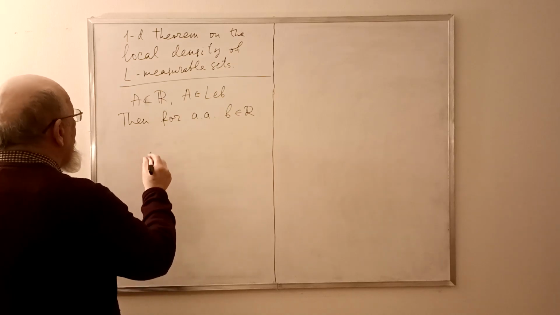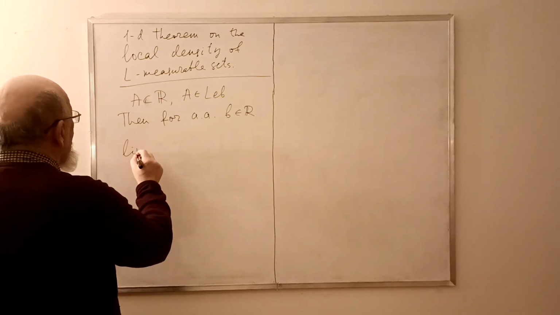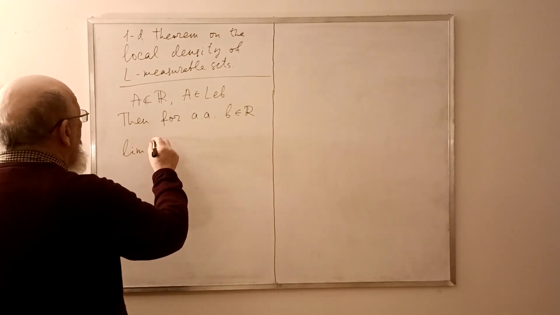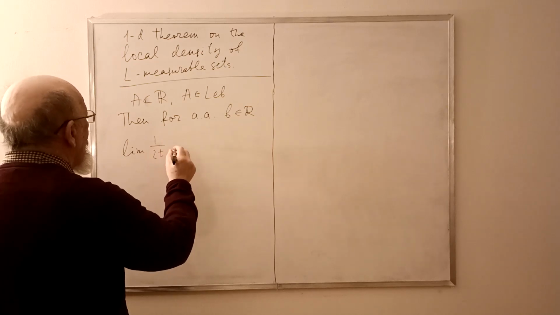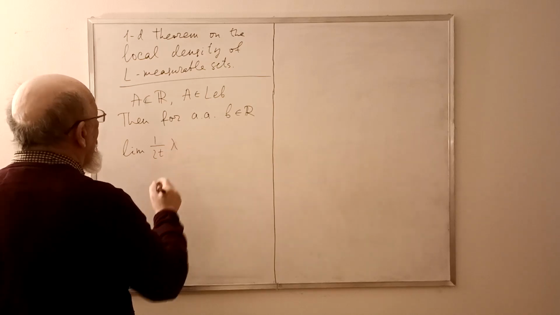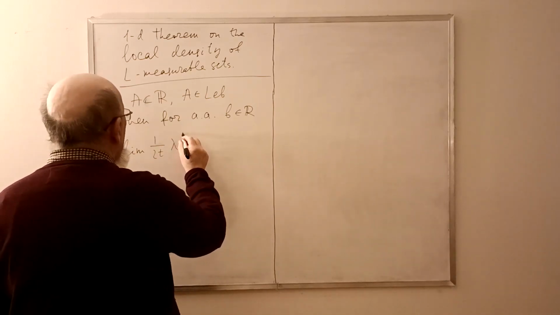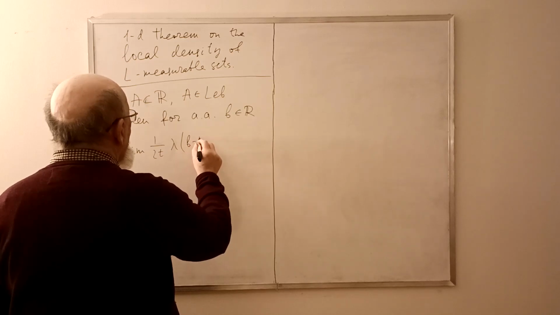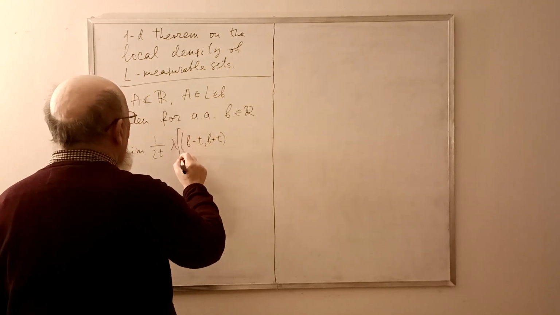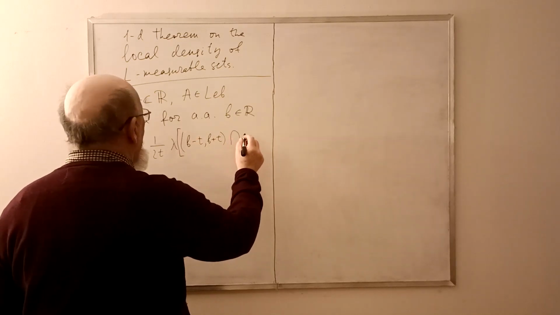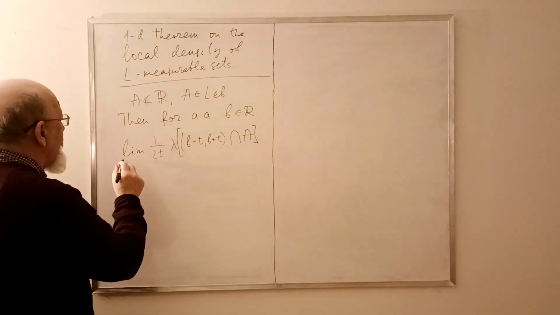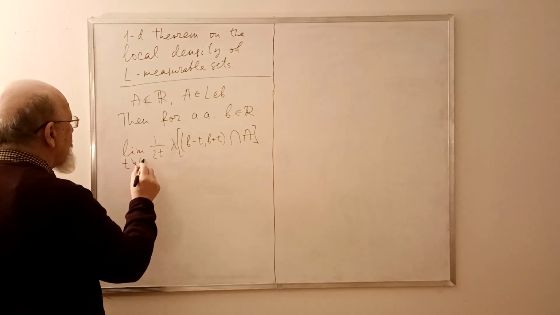Consider the following limit: 1 over 2t times the measure, Lebesgue measure is denoted by lambda, of the set B minus t, B plus t, intersection with A, and the limit when t goes to 0.